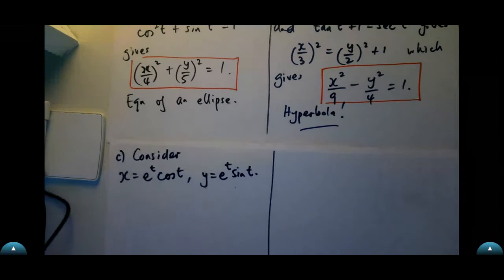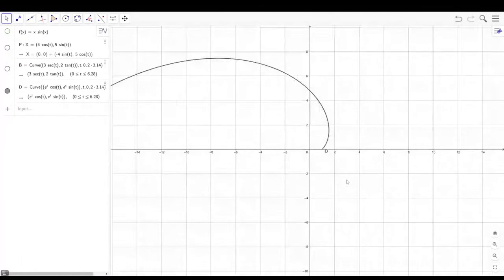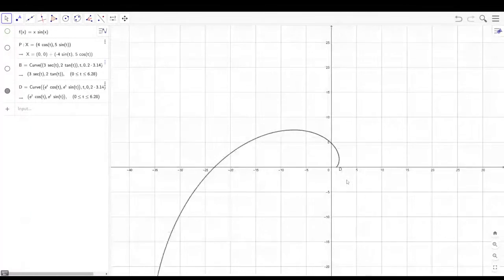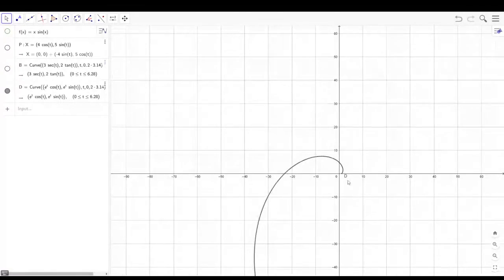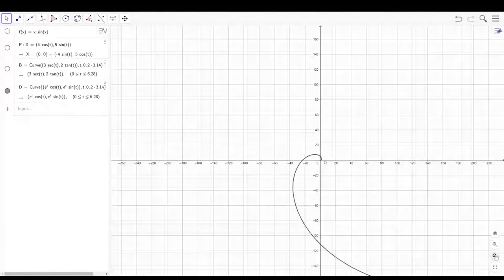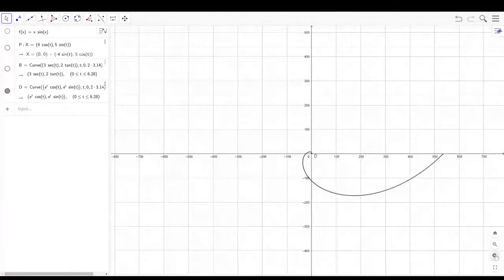Okay, so here it is. Let me share that with you. All right. Whoa, we're zooming out.